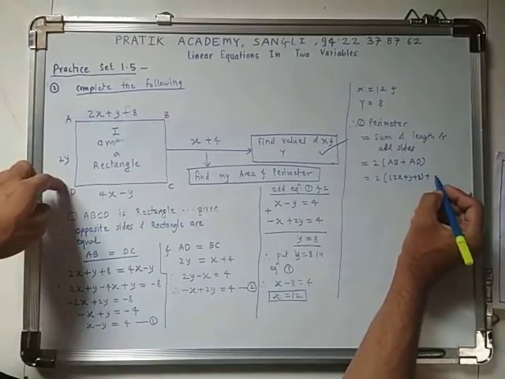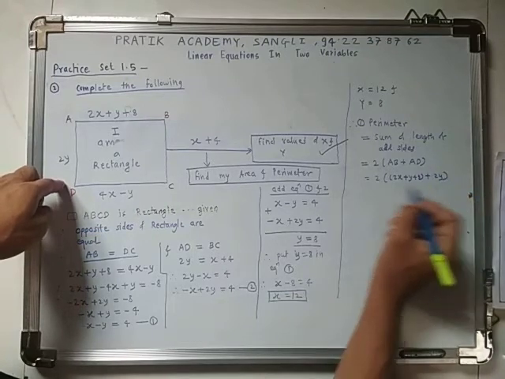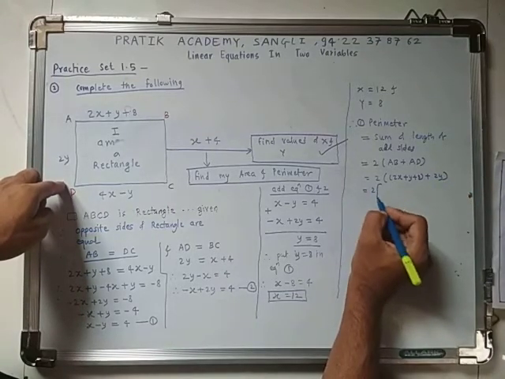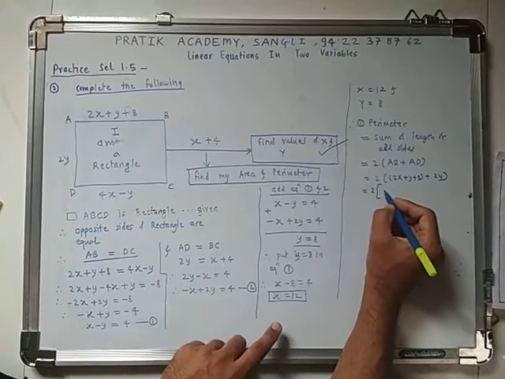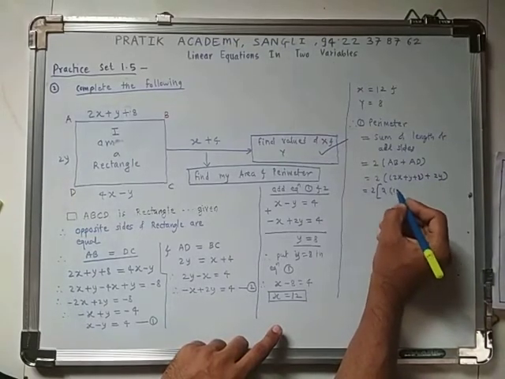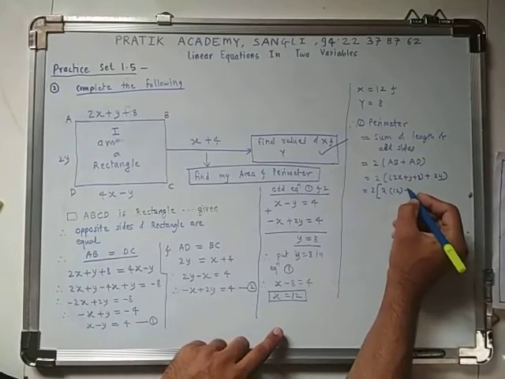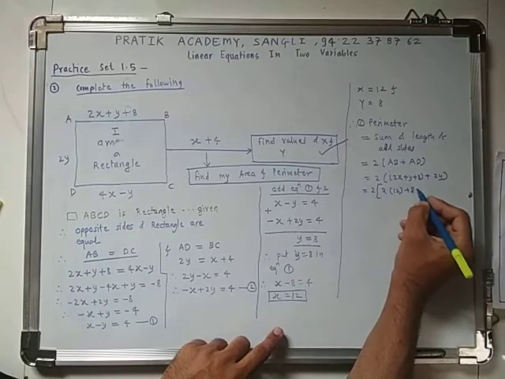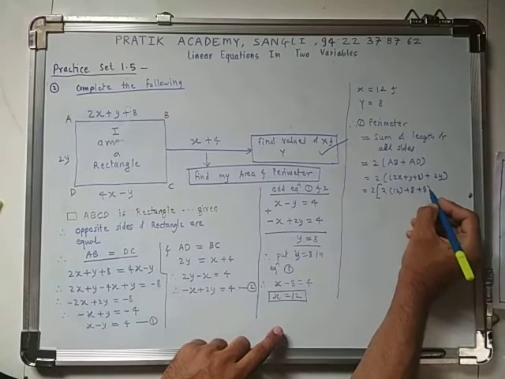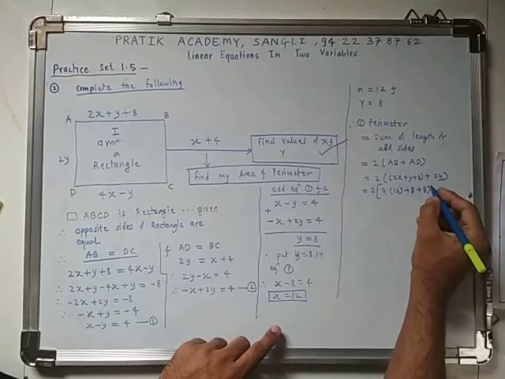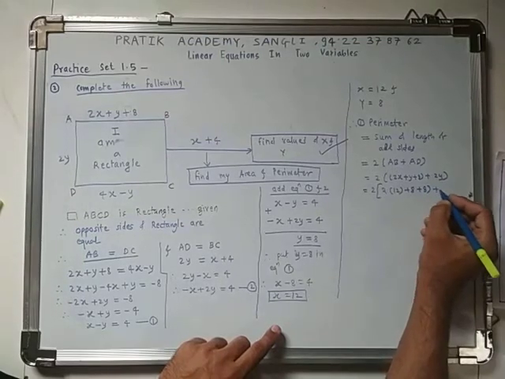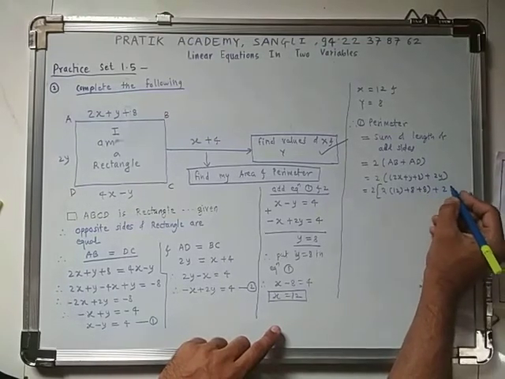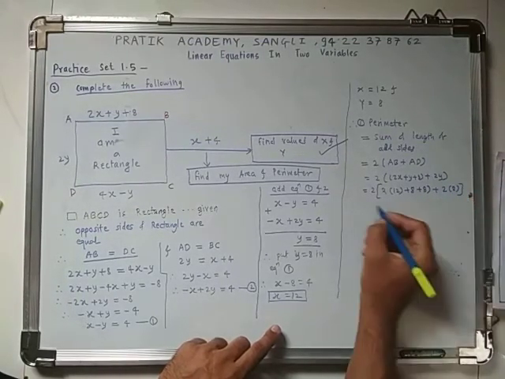AD is 2y simply. Now put the values here. 2, x is 12, so 2 into 12 plus y is 8 plus 8, then plus 2 into 8.